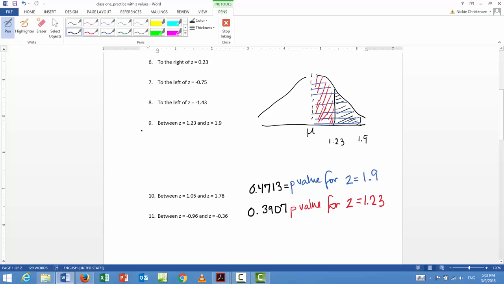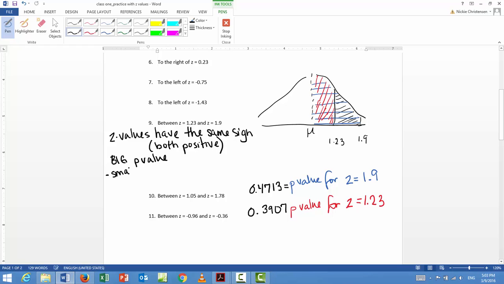If that didn't make sense to you, what you can remember is that if the z values have the same sign, and in problem number 9 they're both positive, the way we'll solve that is we're going to look up their p-values, take the big p-value, and subtract the small p-value.